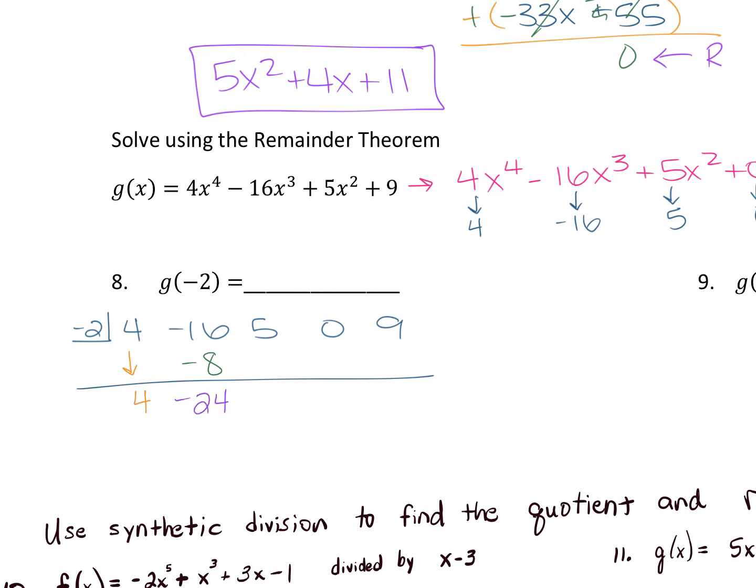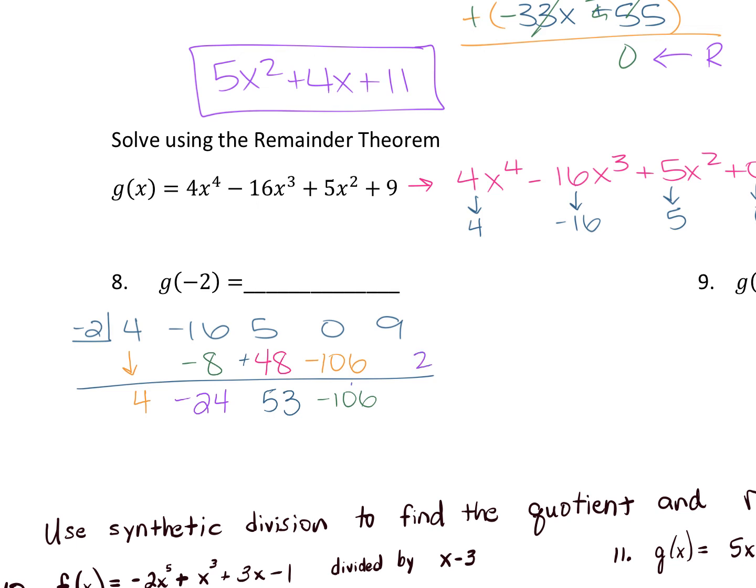Multiply your negative 24 with your negative 2. That gives you positive 48. You add that with your 5 to give you 53. Next, multiply your 53 with the negative 2. It's going to be negative 106. Add that with the 0. That's negative 106. From there, multiply your negative 106 with your negative 2. 2 times 6 is 12.